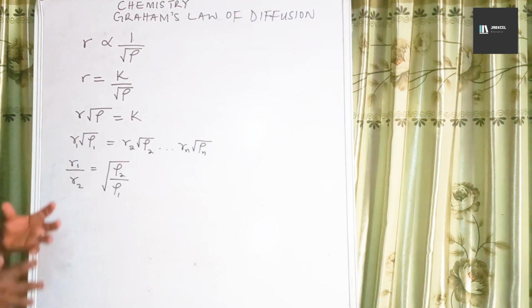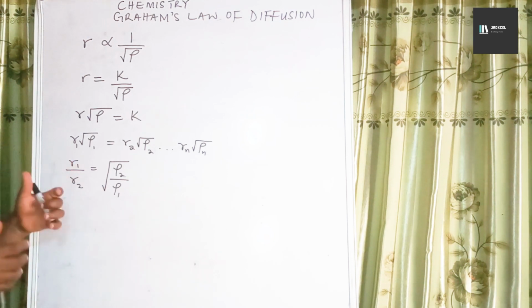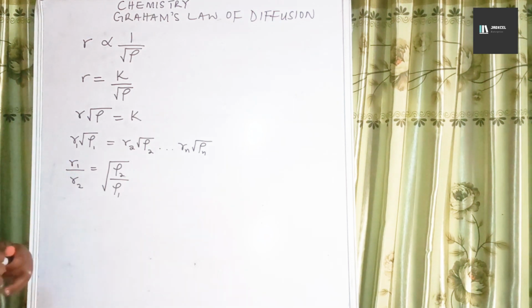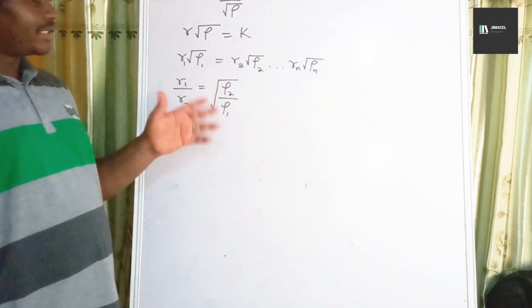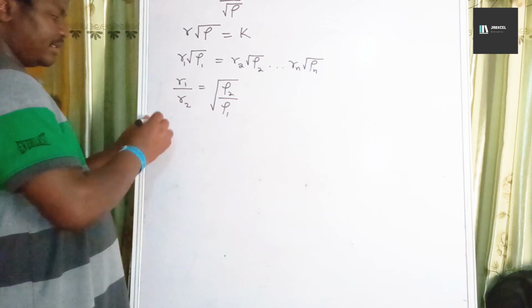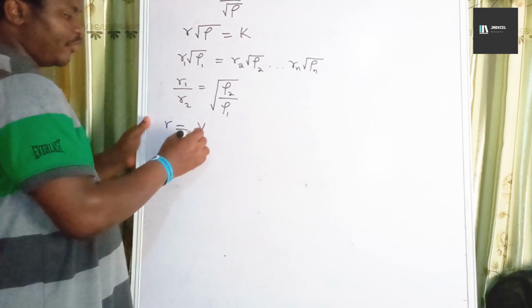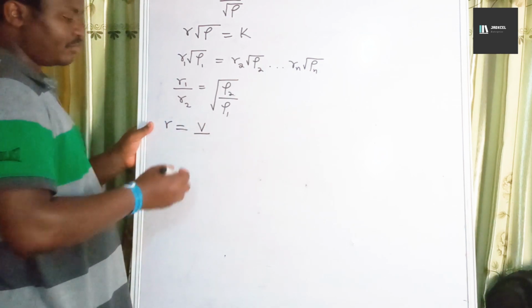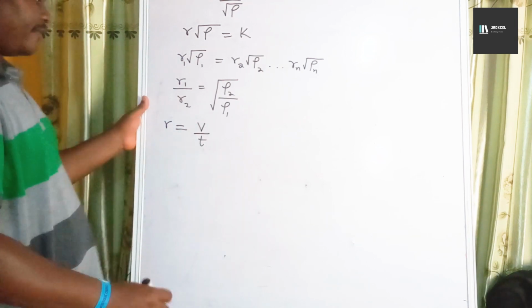We can measure the rate of diffusion of gas A, for instance, with respect to gas B, knowing the density of gas A and B. We also note that the rate of diffusion of a gas is the volume of the gas diffused divided by the time it takes that gas to diffuse.